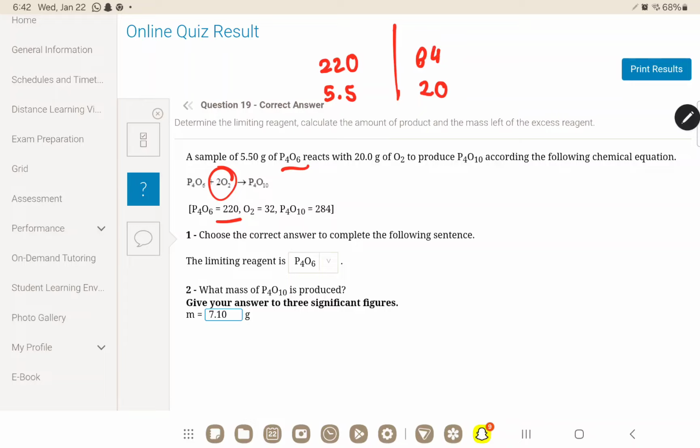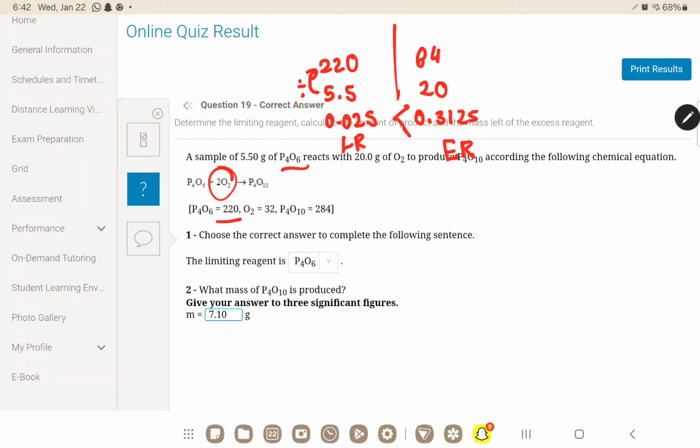So you're gonna do 5.5 divided by 220, and you're gonna get 0.025 here. And here you're gonna get 20 divided by 65. I wrote 65 instead of 64, my bad. 0.3125. We can obviously tell that this one is bigger, making this the excess reagent and this the limiting reagent.